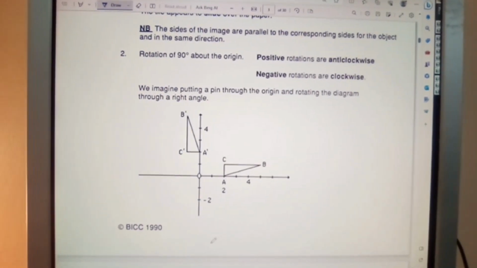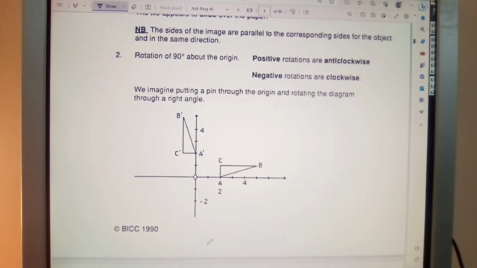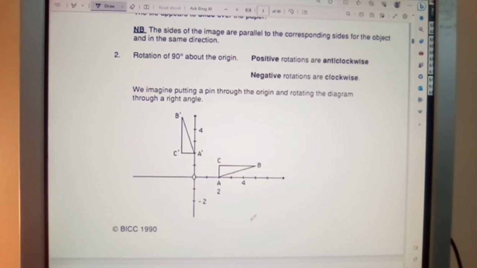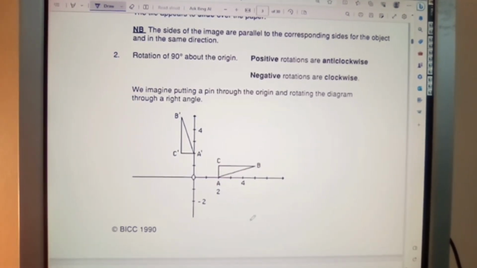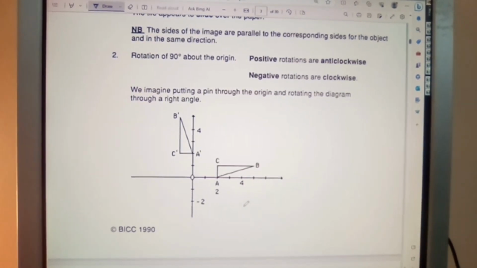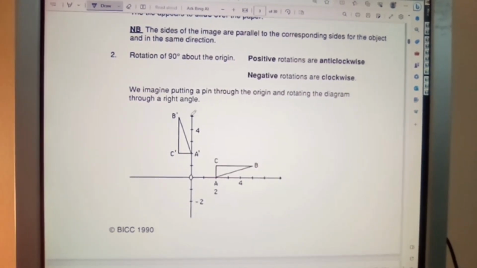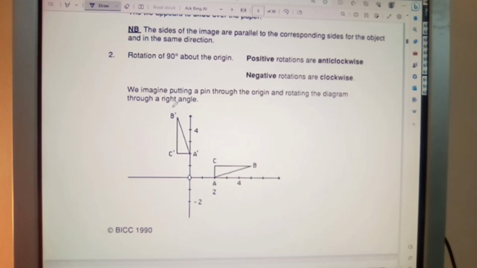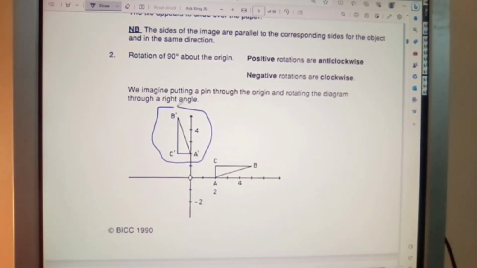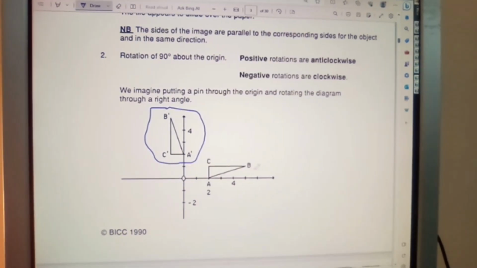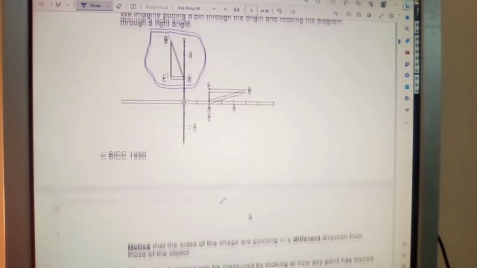Now make sure you get the practice in for yourselves, because you can only understand this by your own perception and by doing the work yourself. Draw out the diagram, get the work done, okay? And this is what we're looking at here now. That's the origin.